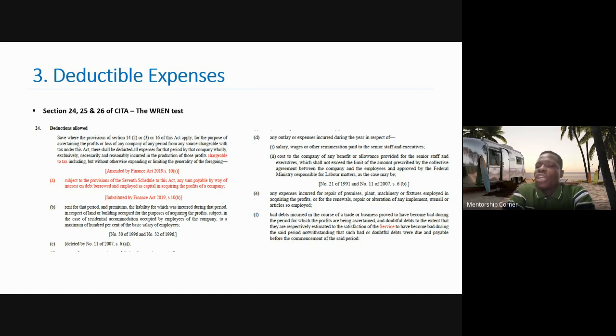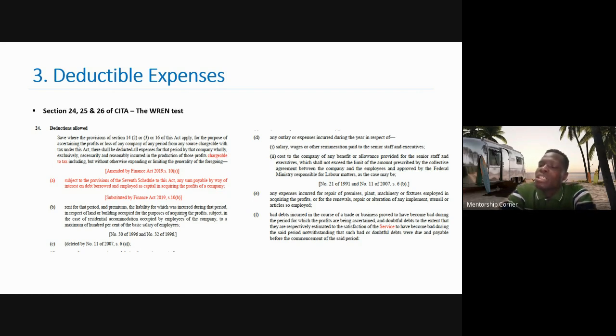So it also further went to say that any cost to the company of any benefit or allowances provided for the senior staff and executives, which shall not exceed the limit of the amount prescribed by the collective agreement between the company and the employee and approved by the Federal Ministry responsible for labor matters.